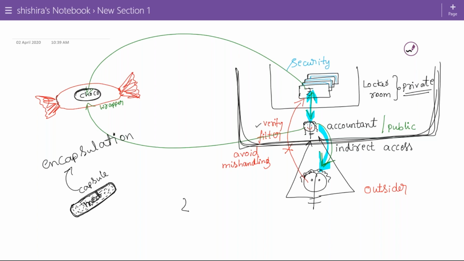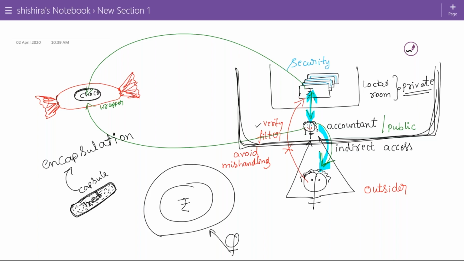So you have the money, this money is encapsulated, hence you cannot access it directly, rather you have to access it indirectly. Here we have an accountant. Whatever you want, you can only talk to the accountant. The accountant has direct access to this money. In this way, mishandling of this money can be avoided. We can protect the money from unauthorized access.